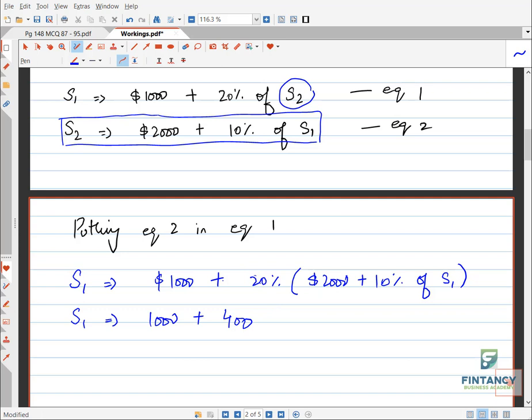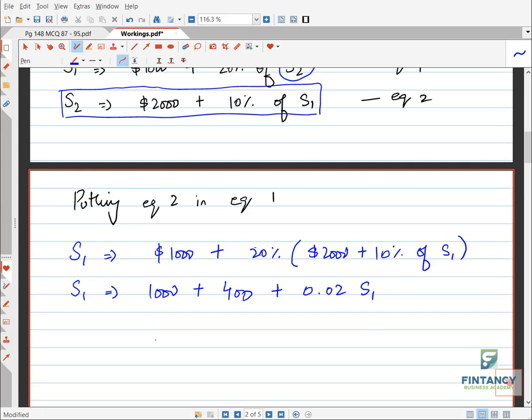And then this is plus plus, so plus. Then you have 20% and 10%. How do you multiply? You will say 0.2 into 0.1 in your calculator. It will become 0.02. So 0.02 S1. Got it?